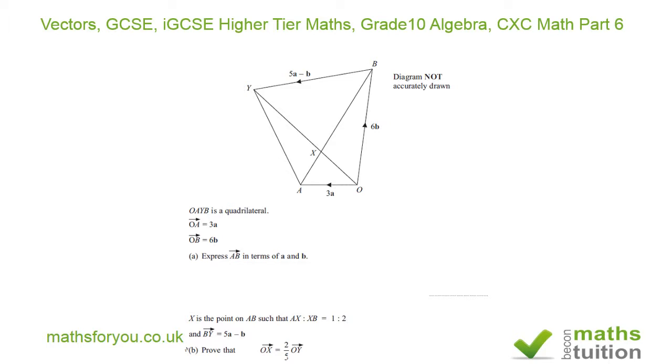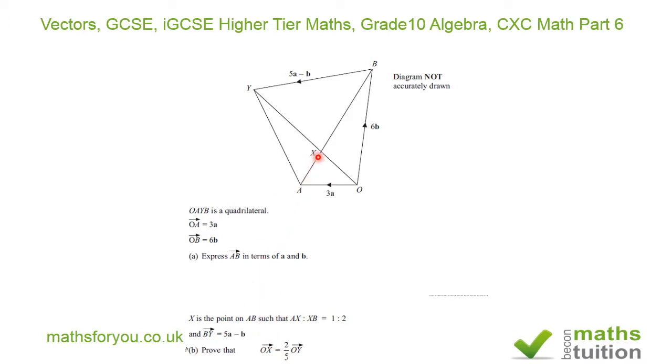Now what we've got here is a quadrilateral. The quadrilateral is OBYA, which is that one. We're told that vector OA is 3a and vector OB is 6b, and that vector BY is 5a minus b.